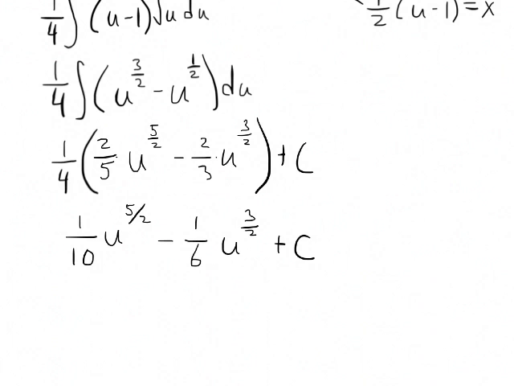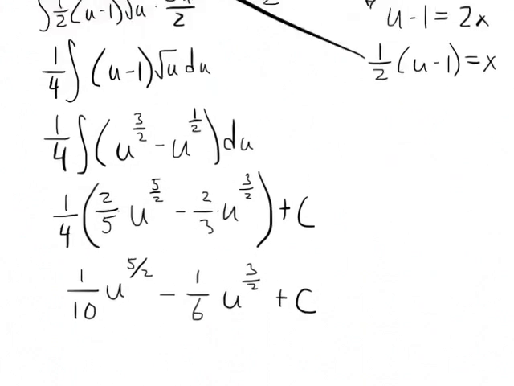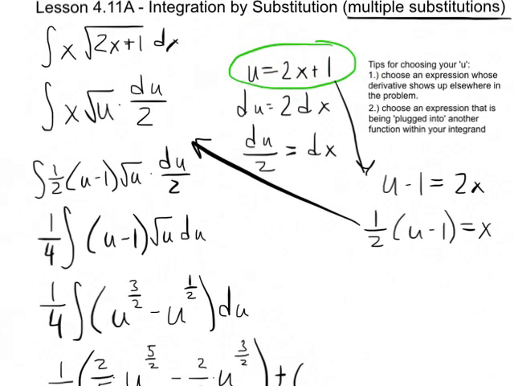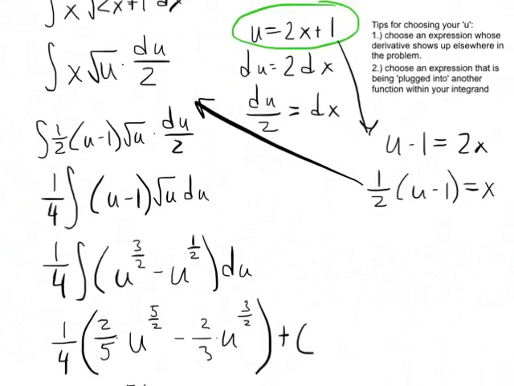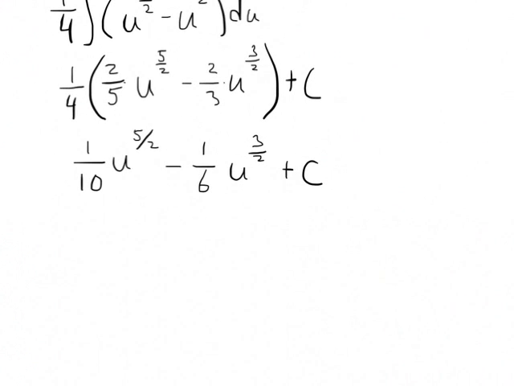And we're almost done. The one thing I'll say is that our original problem, you remember, was all in terms of x. And I'd really like my answer to be in terms of x. So this u substitution that we used, this 2x plus 1, I'm going to bring that back now that I'm at the end of the problem. Recall we knew that u was 2x plus 1, so now I'm just going to plug it back in.